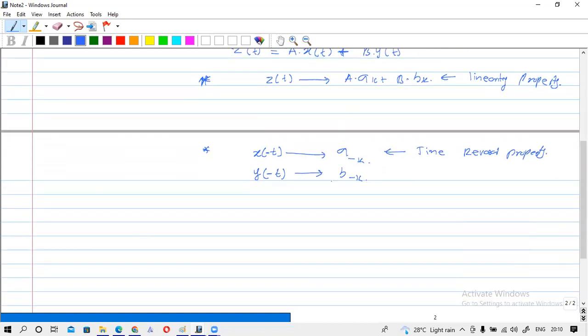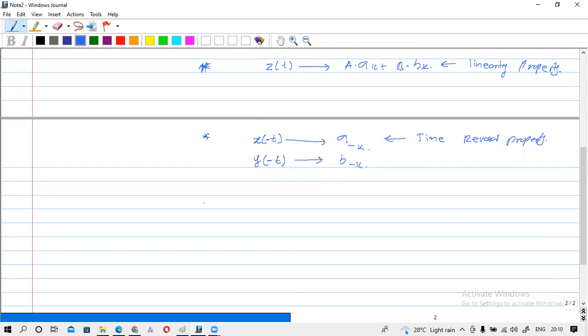And if we shift this x(t) by some time value, let's say t naught, the Fourier series coefficients of this shifted signal will be a_k e^(-jk omega naught t naught). This omega naught is 2 pi by T, the fundamental frequency.